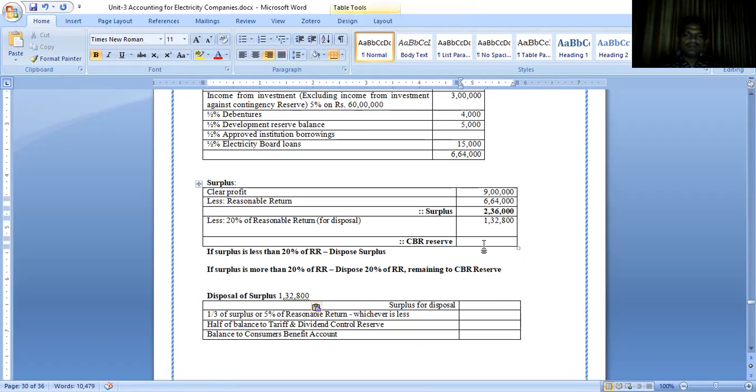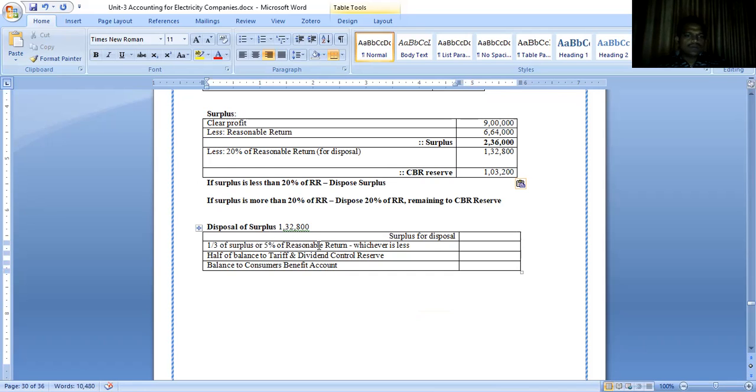The remaining balance we have to transfer to the CBR reserve. That is 1,03,200.